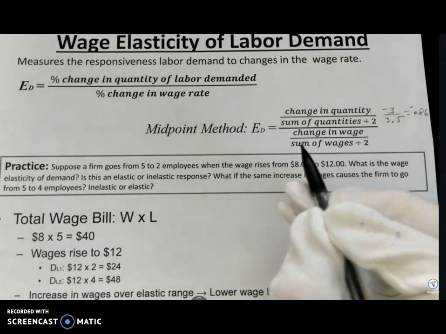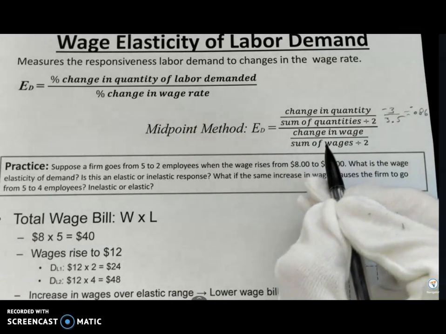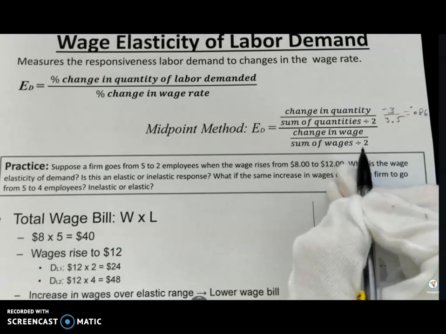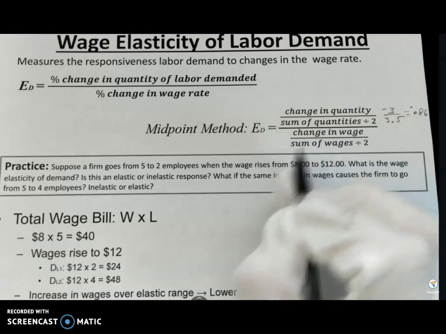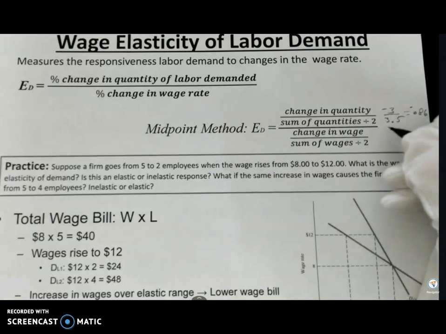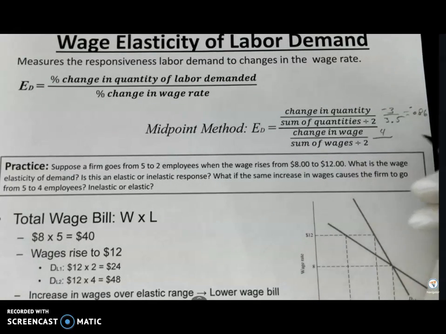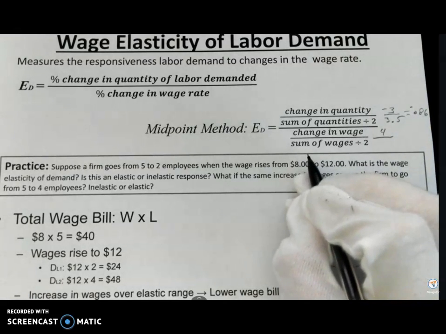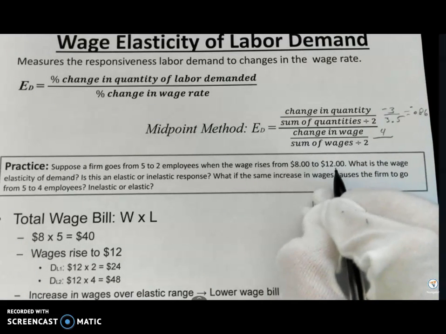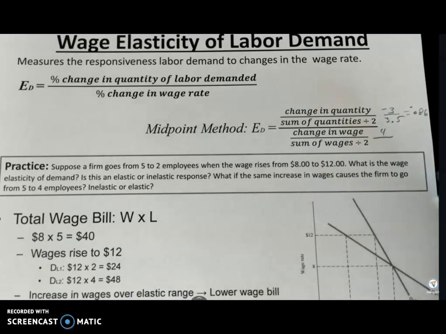The denominator is the change in wage divided by the sum of wages divided by 2. So the change in wage was 8 to 12, so that's +4. And the midpoint would be 8 plus 12, which is 20 divided by 2, which is 10.